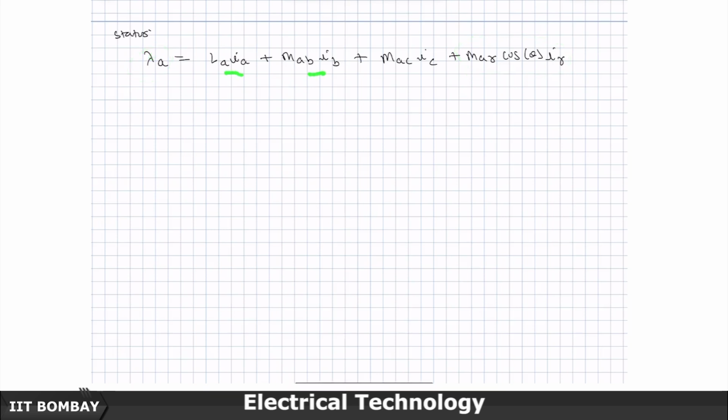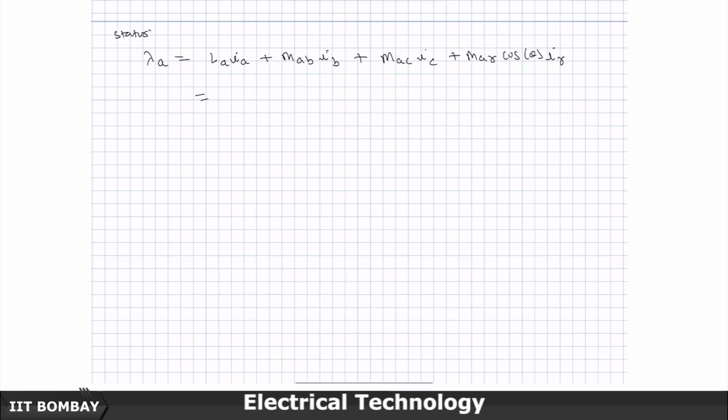So, this is the flux linkage that the rotor winding will create in the A phase of the stator winding, and these four terms together tell me what is the flux linkage which is associated with the A phase of the stator winding. Only one term is theta dependent, all other terms are not theta dependent.